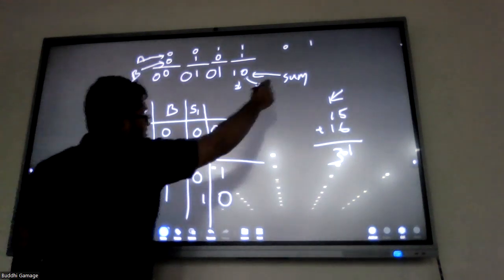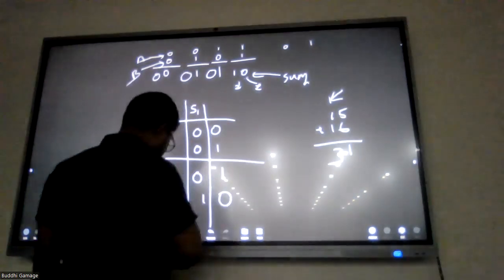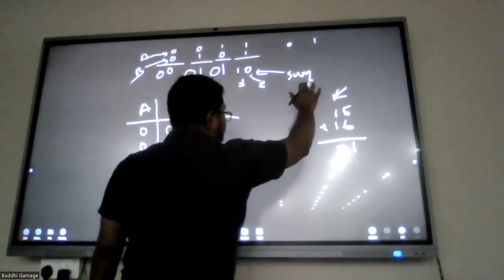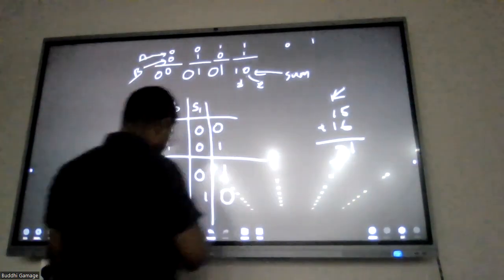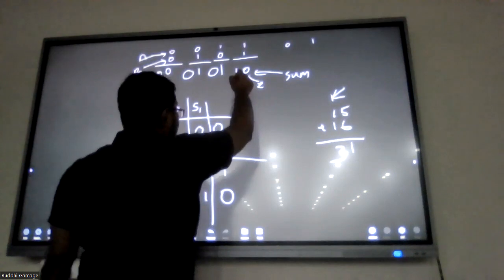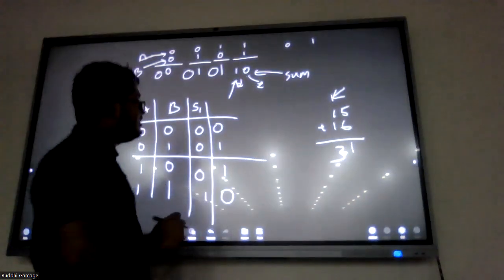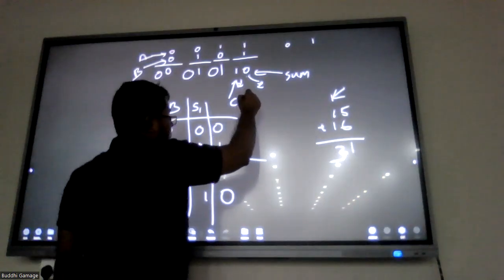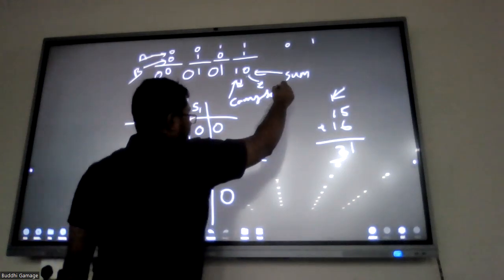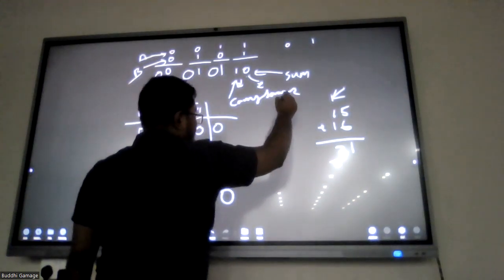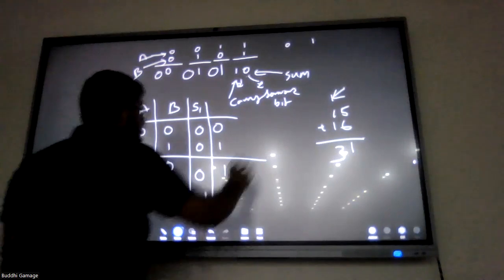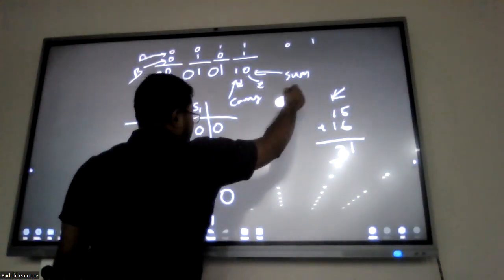So this will be the sum, and this, which is known as the carry bit.